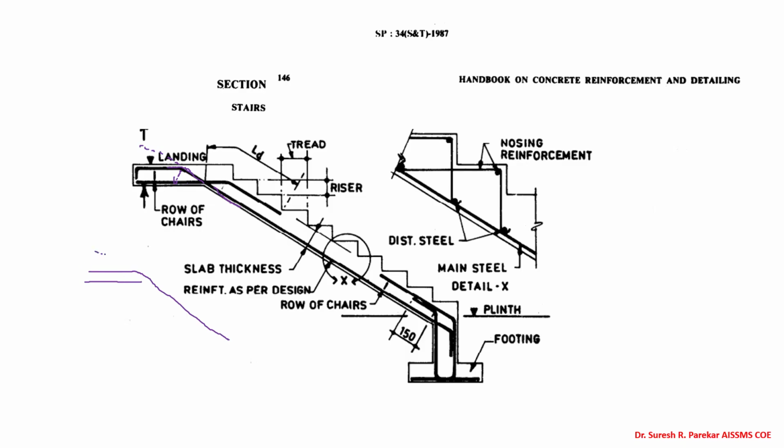When it tries to become straight, then we have only cover, and this cover may crush. Concrete of this cover may crush, and your reinforcement may be exposed to environment, and it may corrode, which will reduce its strength. So this bar, now you can see we have not taken below.